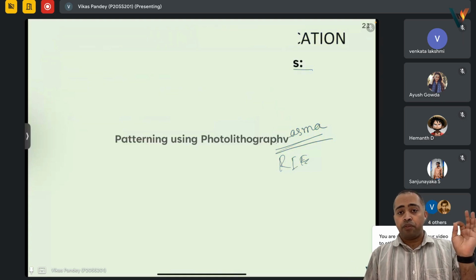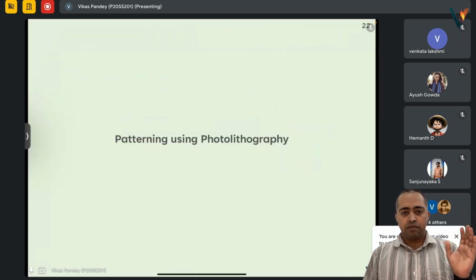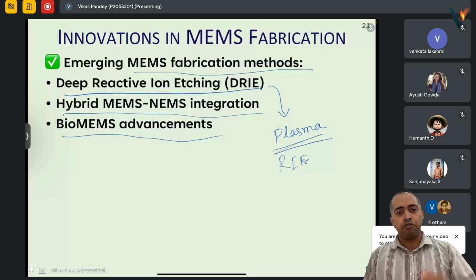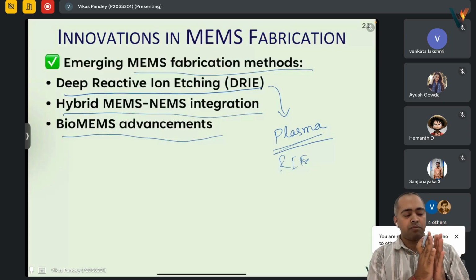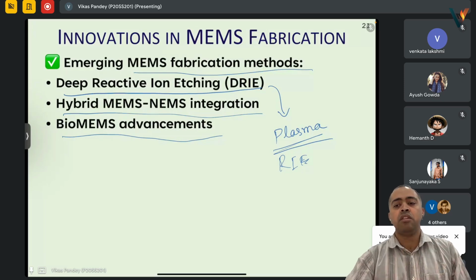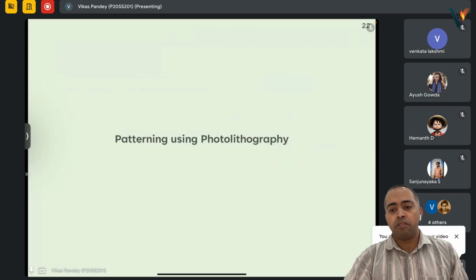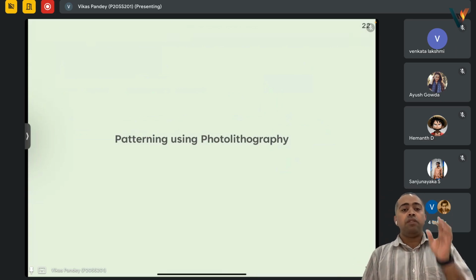So we saw that we take the wafer, and we are now ready to pattern it. If we are going for simpler structures, we will go for wet etching. If we are going for complex structures, we will go for reactive ion or deep reactive ion etching. But before going to this, we need to pattern.